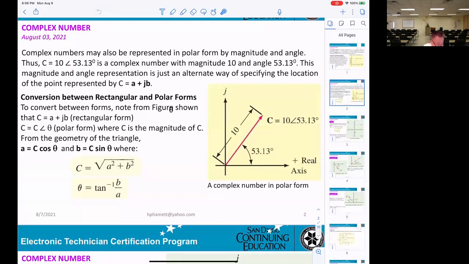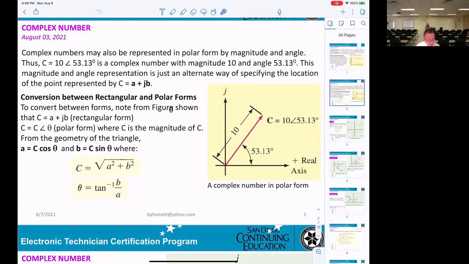This magnitude and angle representation is just an alternate way to specify the location of the point represented by C equals A plus JB. That means the same thing as the other one. However, now it is displayed in polar form, by the magnitude and the angle. You can see there's an angle here, and this is the magnitude right here. This point will be the same as the other one.